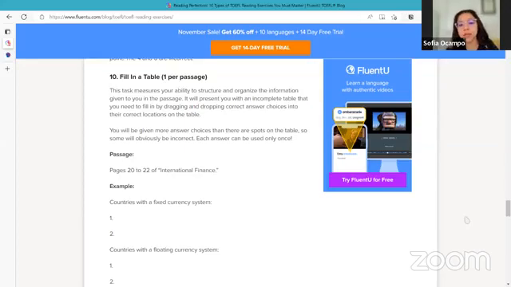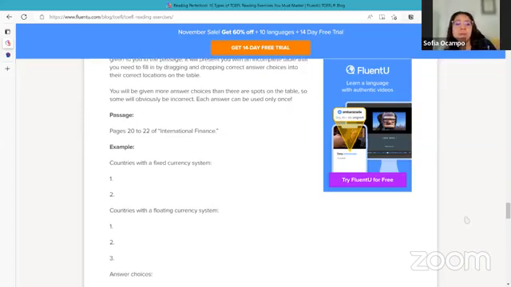It will present you with an incomplete table that you need to fill in by dragging and dropping correct answer choices into their correct locations on the table. You will be given more answer choices than there are spots on the table, so some will obviously be incorrect. Each answer can be used only once.